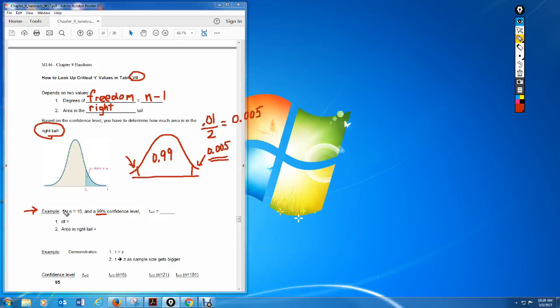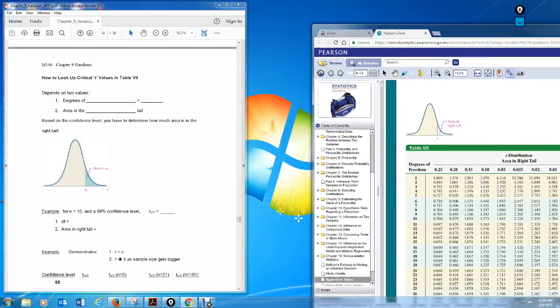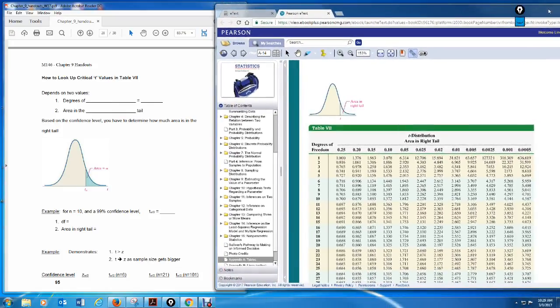Back to the example. If I have a sample size of n equals 10, then my degrees of freedom is n minus 1, or 10 minus 1, which is 9. And we just said the area in the tail is 0.005. So now let's go to the table. I'm going to swoosh it in here from the other page.